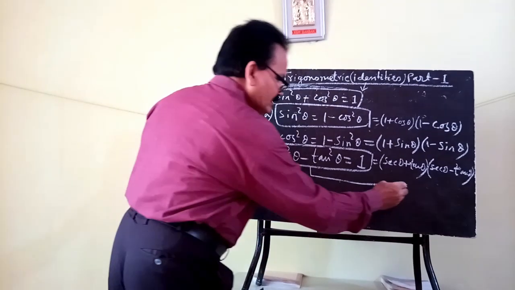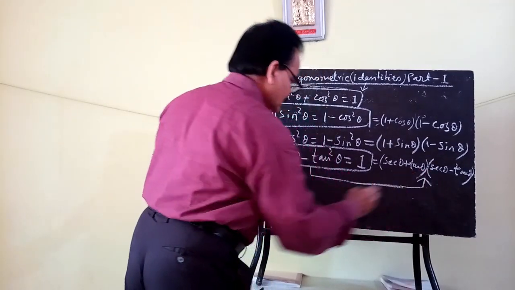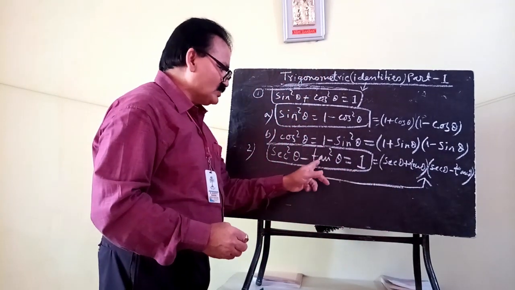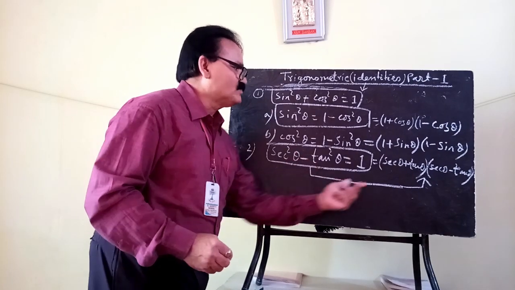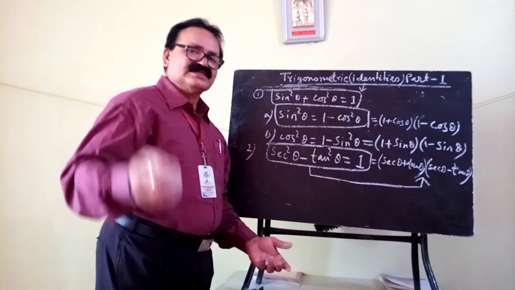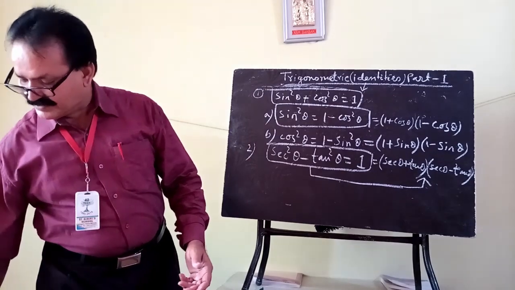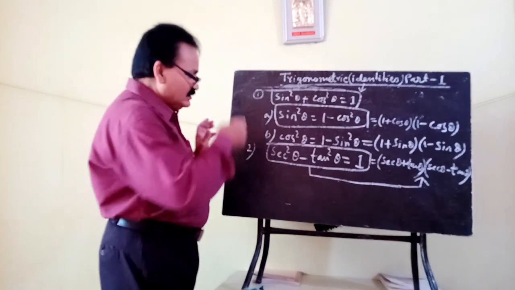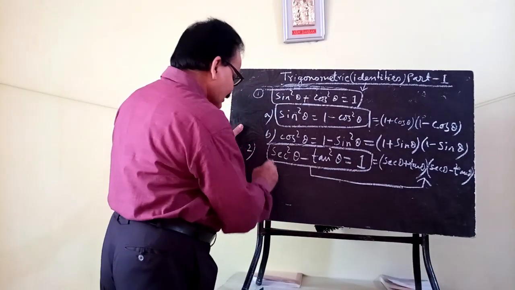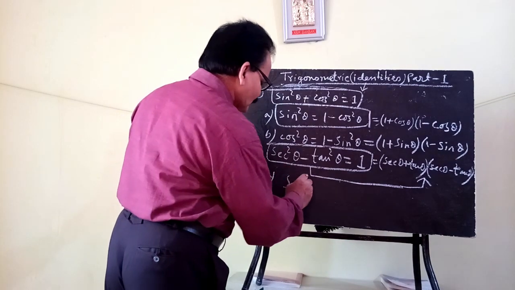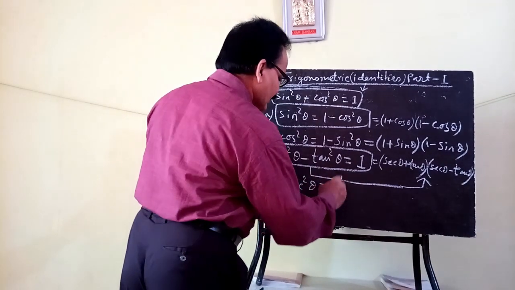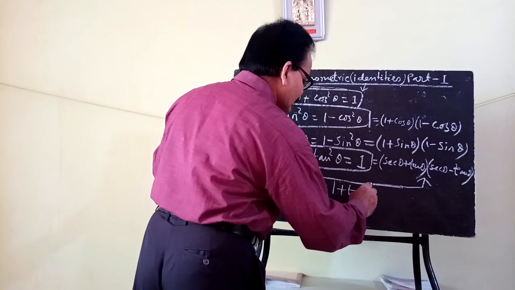In some questions, you may use, instead of 1, this one, and after that you factorize it, and then you proceed further for your simplification. Okay? Or even in some cases you have to put, instead of sec square theta, 1 plus tan square theta.